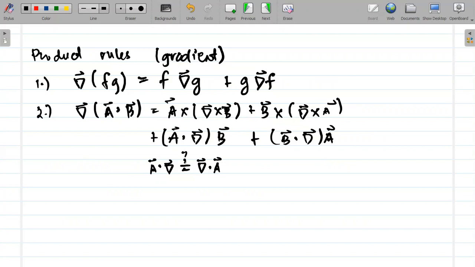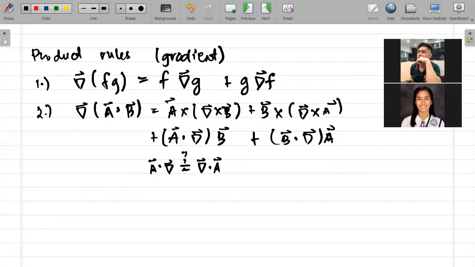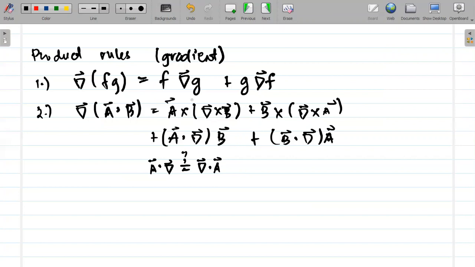So, question mark. Sige nga, class, hulaan nyo. Equal ba yung dalawang yan? Sige. Ako na sasagot. Hindi. Hindi sila equal. Ang A dot del, ito ay isang operator.